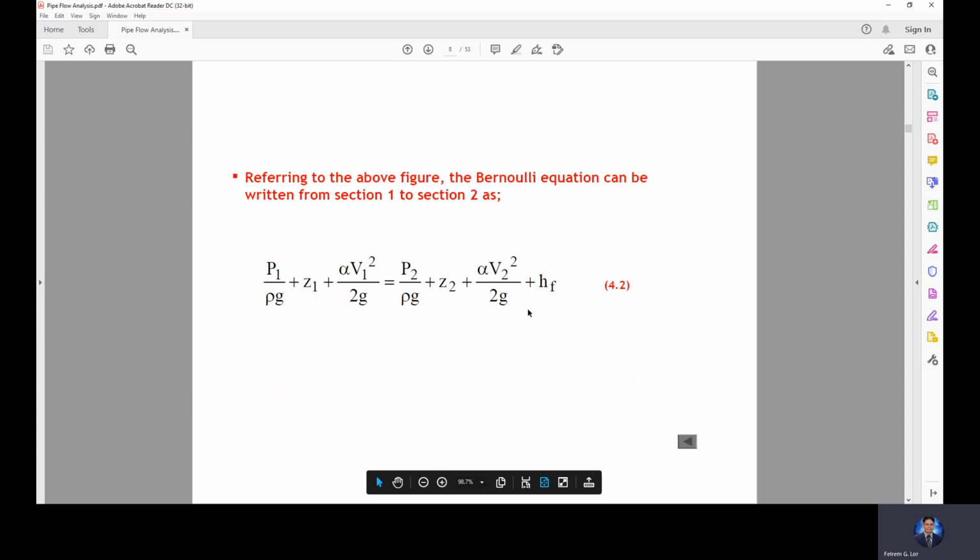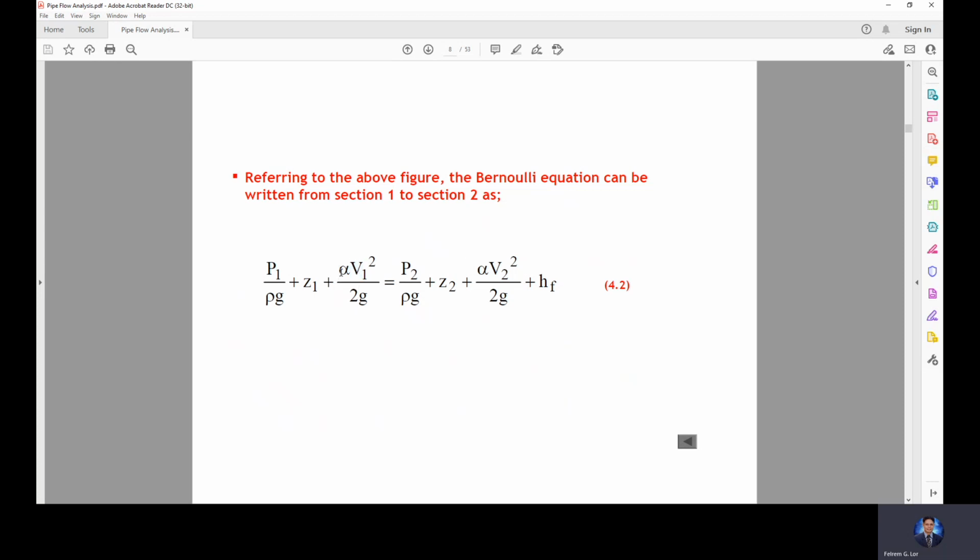So if we equate the total energy including the head loss from point 1 to point 2, or compare the total energy between point 1 and point 2, we have the elevation head at point 1 plus the pressure head at point 1, plus the velocity head at point 1.